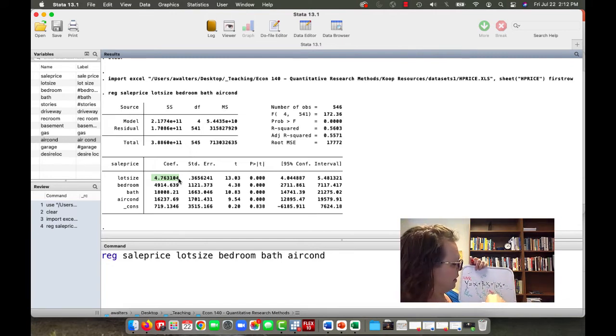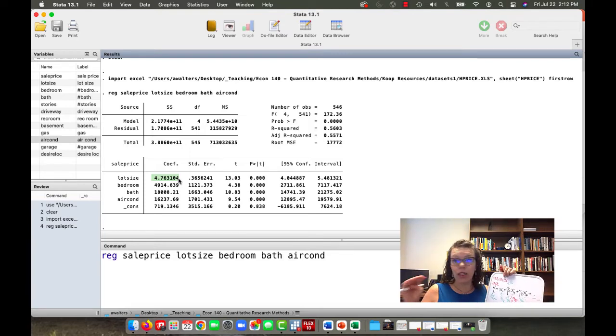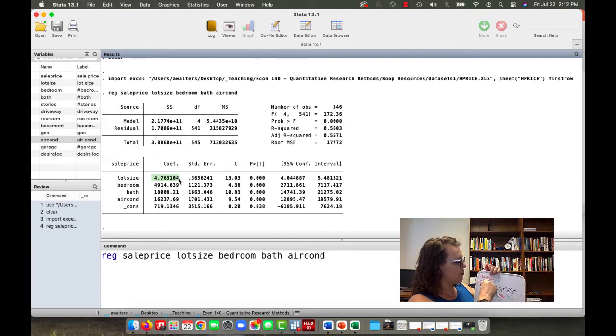We're going to expect that the house with 1,001 square feet is going to not be $400,000, but it's going to be $400,000 and $4.76. That each additional square foot is going to tend, not always, because we're not 100% certain on this, but it's going to tend to increase the sale price by $4.76.